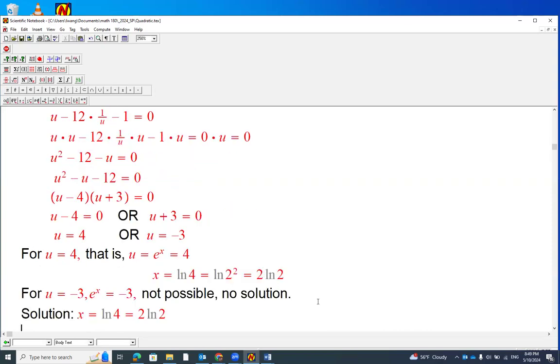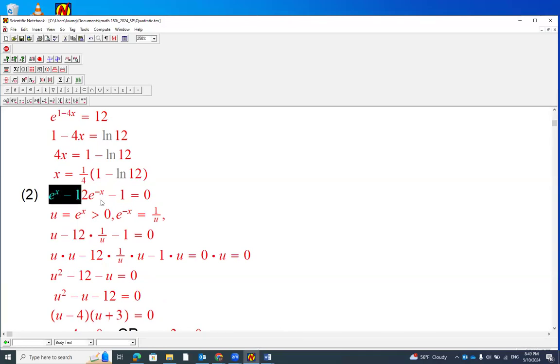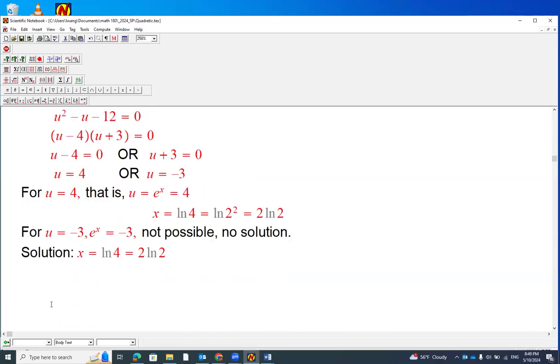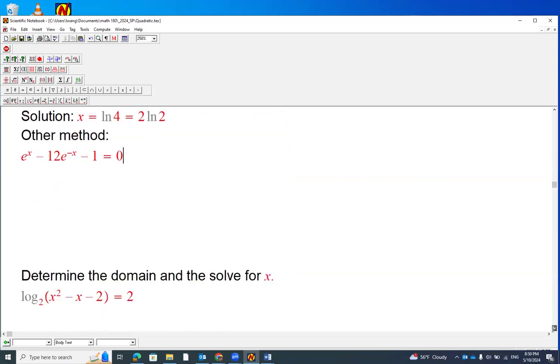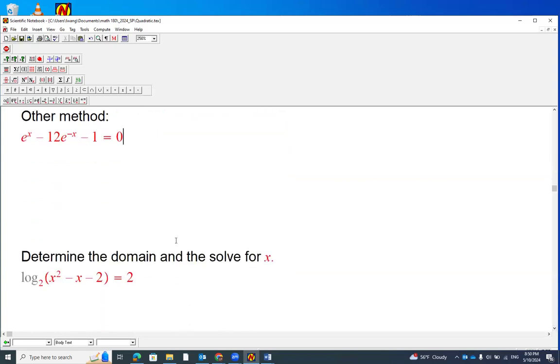So that's it. Other ways of doing it, which we did in class, is not introducing u explicitly. You can do it implicitly. I just want to mention that. So you just put the equation out there, and if you understood the steps above, you will understand the following step.